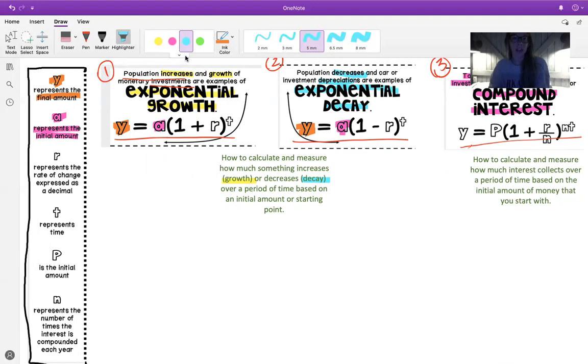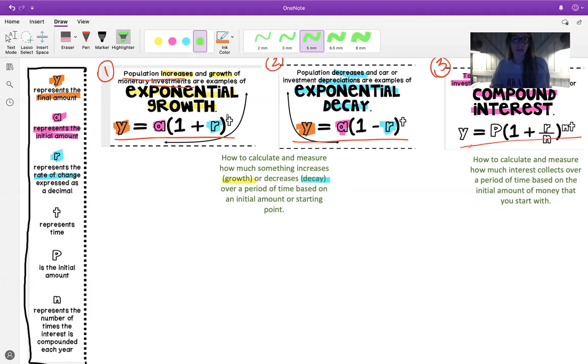Okay, next we have our r value in our equations. The r represents the rate of change. We know the rate of change is essentially its slope. So how quickly is it increasing? And we would definitely see that in its graph. So that's its r.